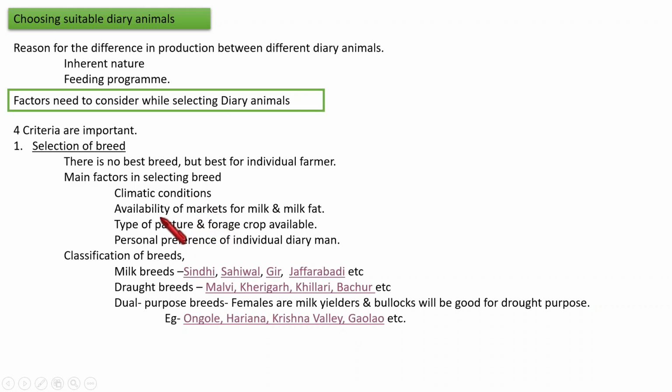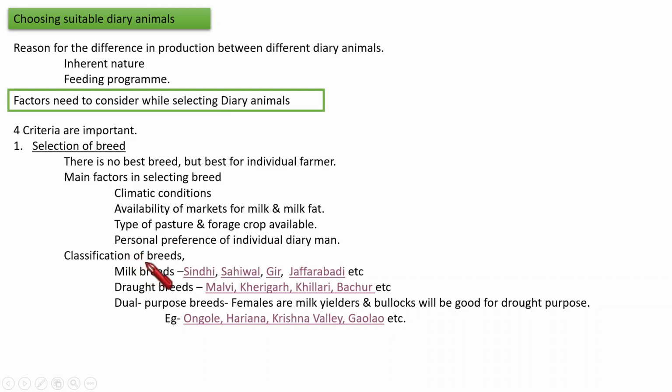It should also be according to the availability of markets for milk and milk fat, the type of pasture nearby, and the forage crop available near or in our farmhouse. Depending on that, we decide the breed. Also, there will be some personal preference for the individual dairyman, which can also be considered.